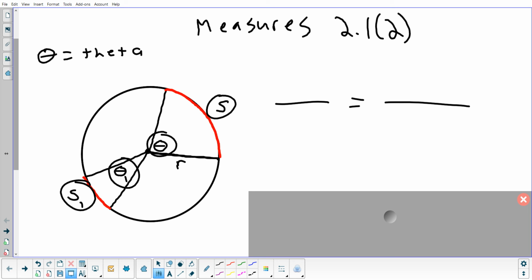If they weren't, we couldn't do this. Now, when you set up a proportion, the only thing you have to do is make sure that you are consistent. Whatever you do on the left for your setup, you have to do the same thing on the right. So let's start with these two. I'm going to put the arc on the top, and I want to put the size of the angle on the bottom.